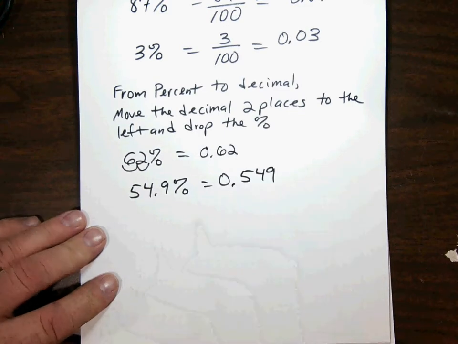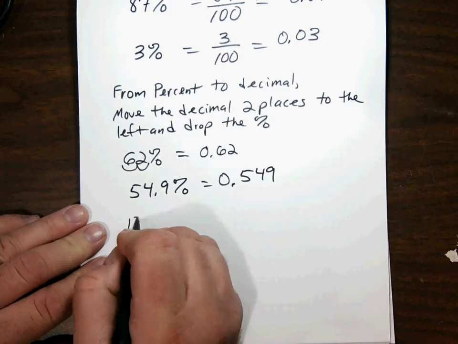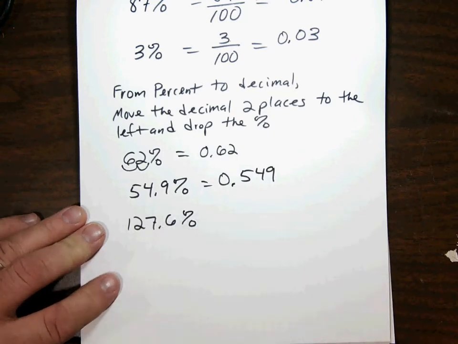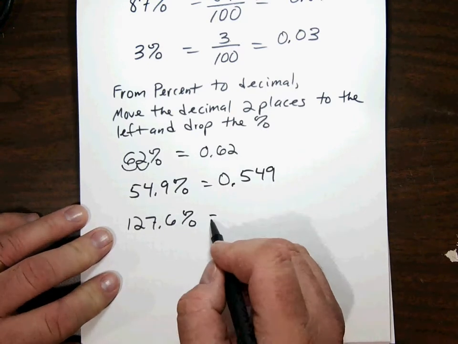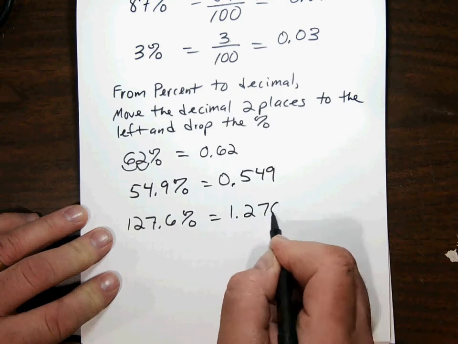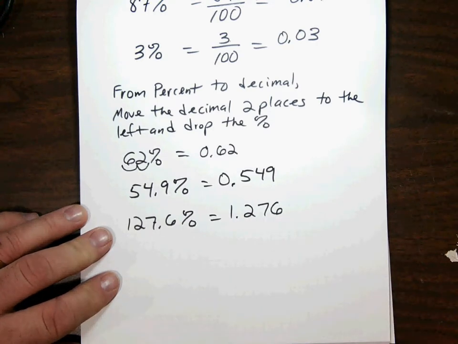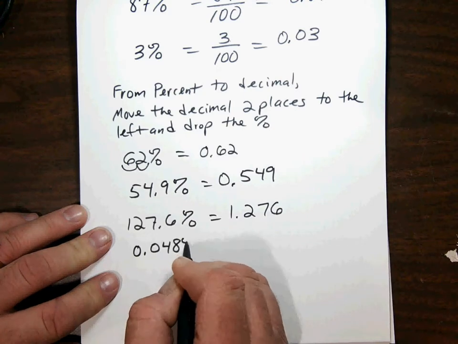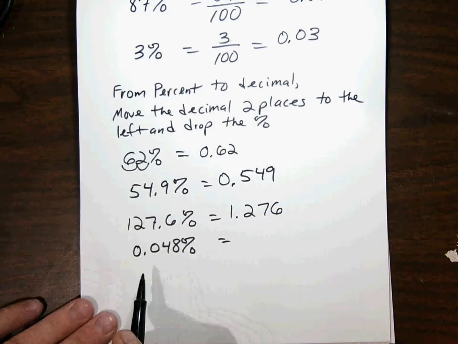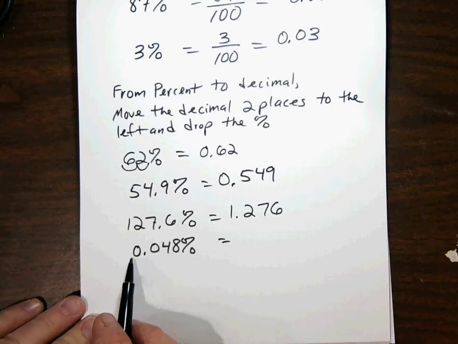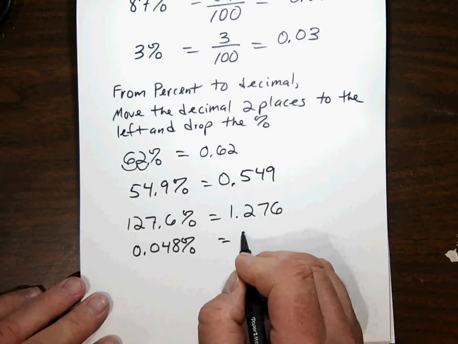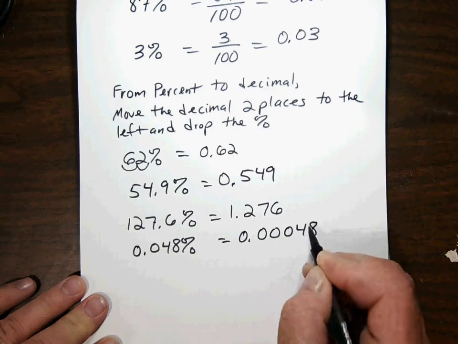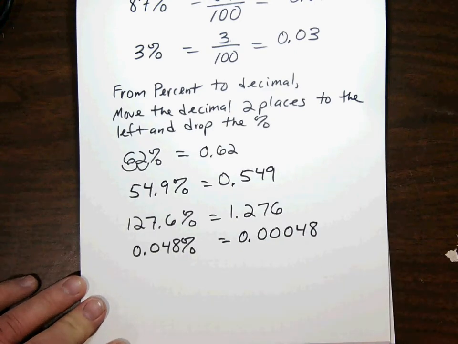Drop the percent sign. 127.6%, 2 places to the left, 1.276. 0.048%, 2 places to the left, so 2 more leading zeros, 0.00048. Drop the percent sign.